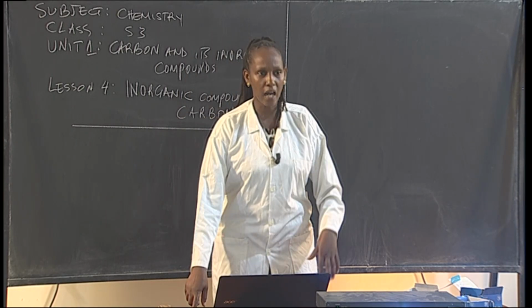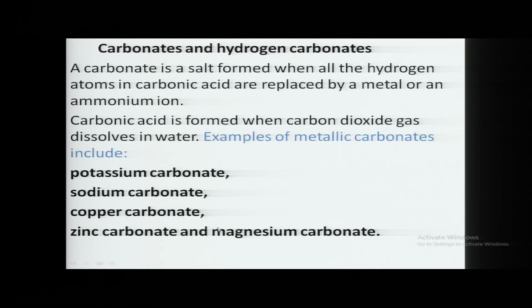So we're looking at carbonates because we said among the inorganic compounds of carbon, there are oxides, there are carbonates, there are hydrogen carbonates. So we have finished looking at the oxides of carbon, which are carbon monoxide and carbon dioxide. So we are looking at carbonates and the hydrogen carbonates.